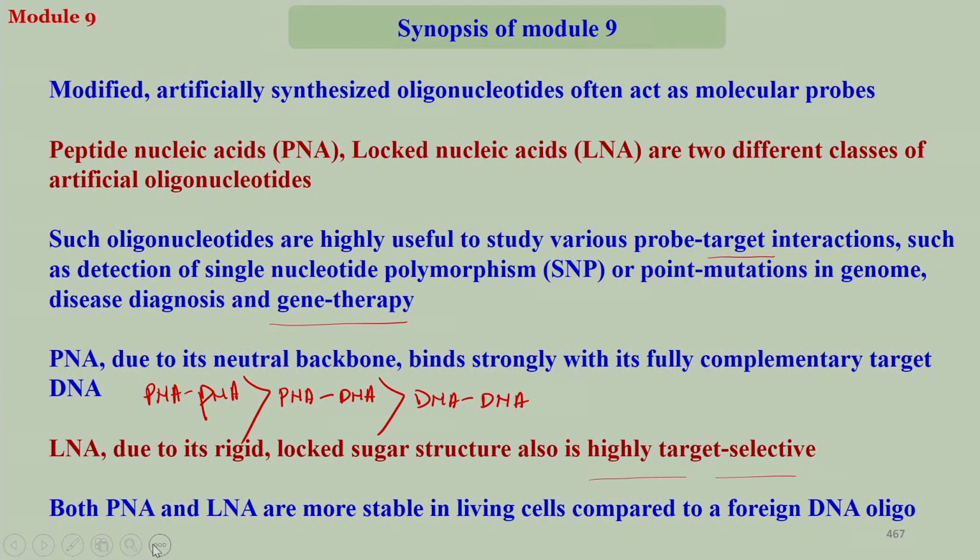Both PNA and LNA are more stable, as I was saying, in living cells compared to a foreign DNA oligo. So, if you send a foreign, synthesized DNA into the cell, it will immediately be cleaved by different enzymes present in the cell.